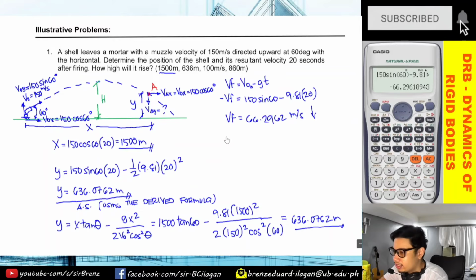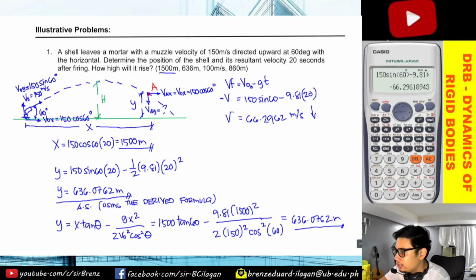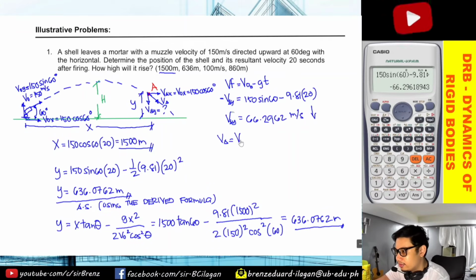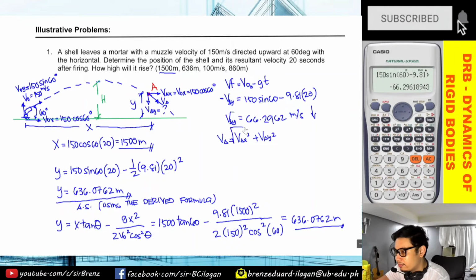So, this is downward. So, to get the velocity at point A, sorry, baka lang malito. So, yung final velocity natin dito, i-denote natin siya as kung ano yung velocity dito. So, this is VAY. Okay? So, to get that velocity A, that is equals lang sa square root of VAX squared plus VAY squared.